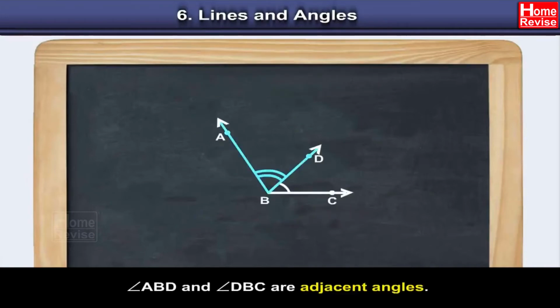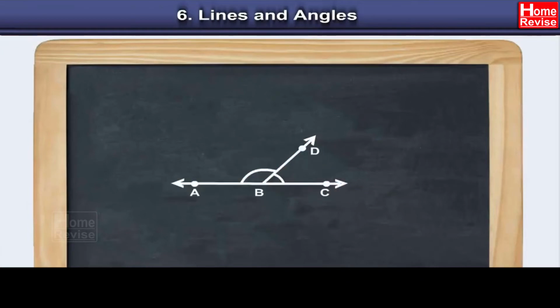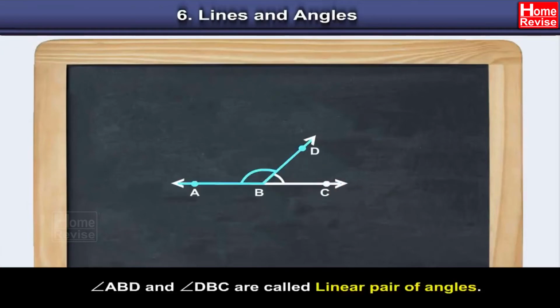Also, angle ABD and angle DBC are adjacent angles. Here, angle ABD and angle DBC are called a linear pair of angles.